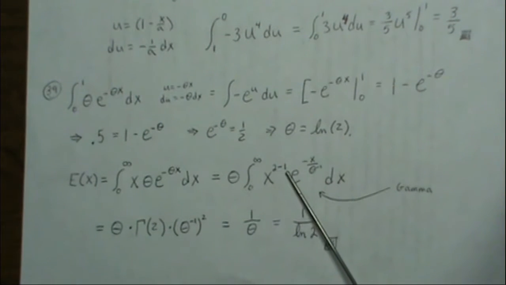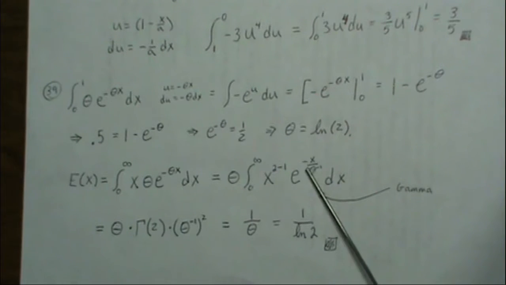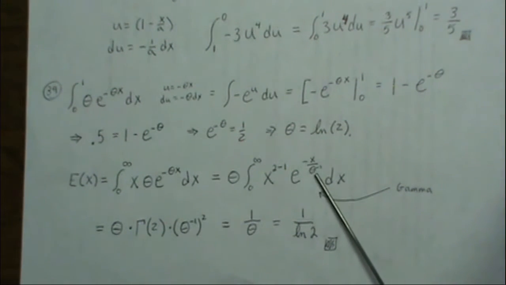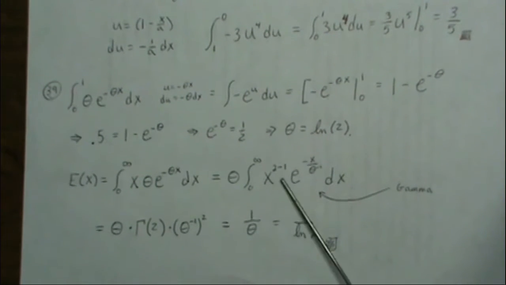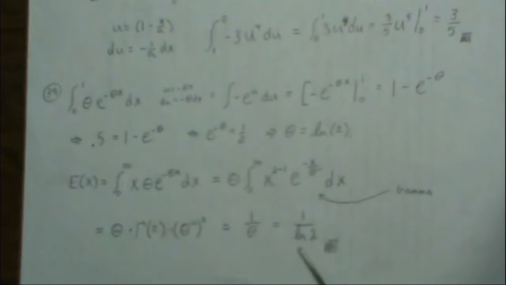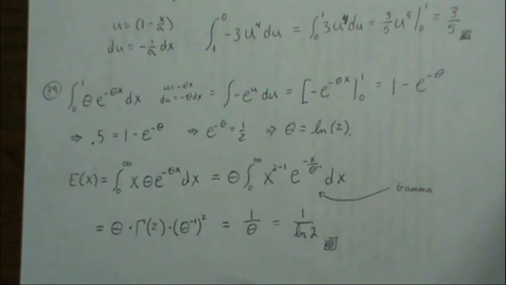So 2 minus 1 is just 1, so that's the x. And then we have minus x over, and if you take this theta down to the denominator, it's theta to the minus 1. And so that integrates to gamma of 2 times theta to the minus 1 raised to the 2, which is alpha. So this simplifies to 1 over theta, which is 1 divided by log 2.